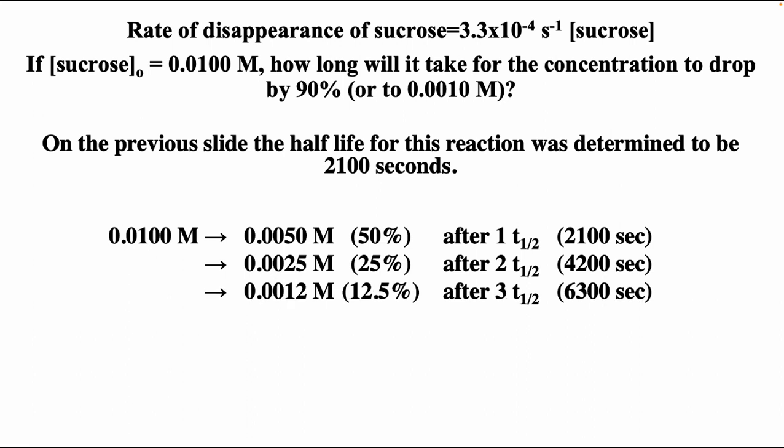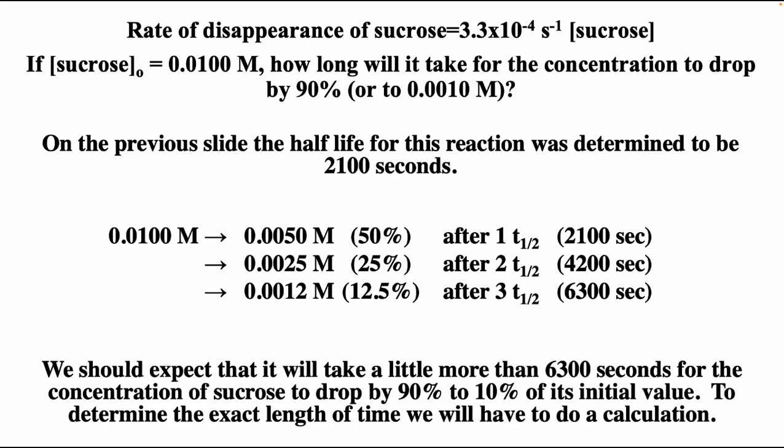After the third half-life, you'll be to 0.0012. So we're getting really pretty close. And so our answer is going to be a little bit more than 6,300 seconds. Now we cannot determine it accurately with this method if it's not an integer multiple of half-lives. We can determine that it's going to be greater than 6,300 seconds, but using this method, we're not going to be able to do it exactly.